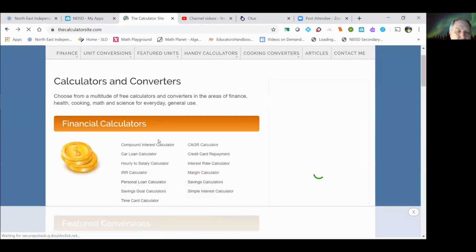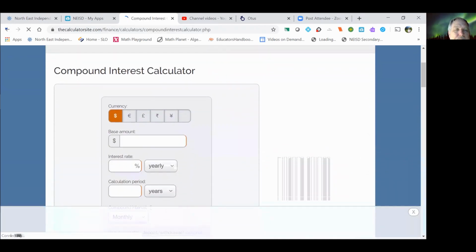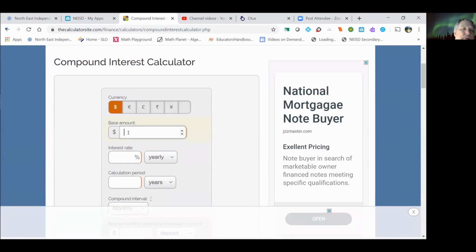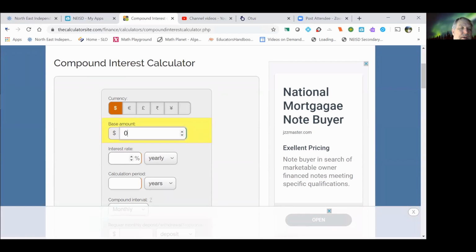Compound interest calculator. Okay, so this one has compounding. The base amount was 0, so we're starting off with nothing in there. We're going to have an interest rate of 4.5% annually. The calculation period is 10 years.